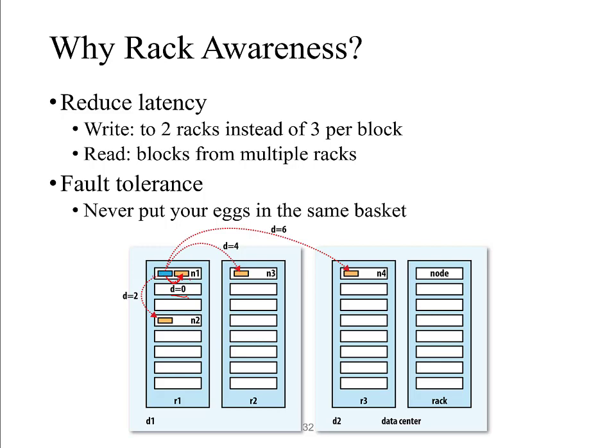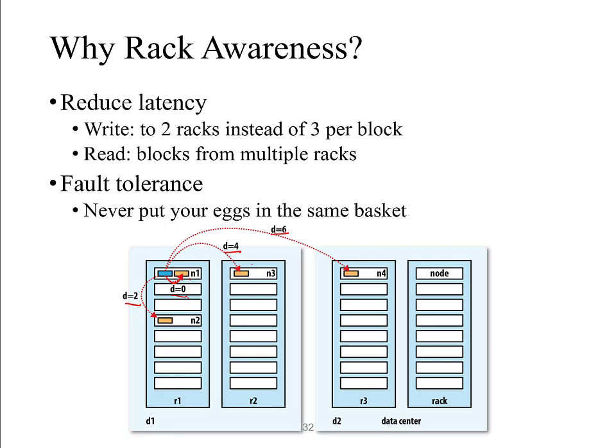The distance between two nodes in one rack is a little bit higher, and the distance between two nodes in different racks is even higher. If the nodes are in different data centers, the distance is higher again, which means the time is the largest.